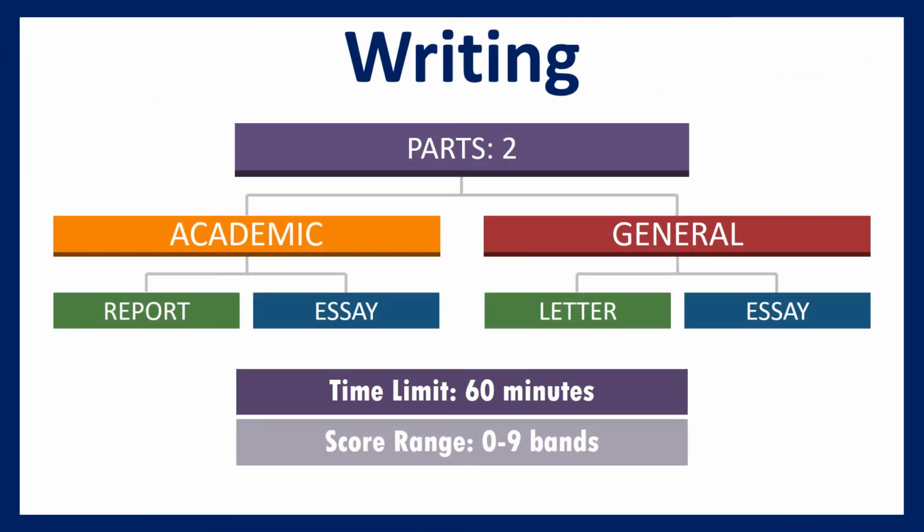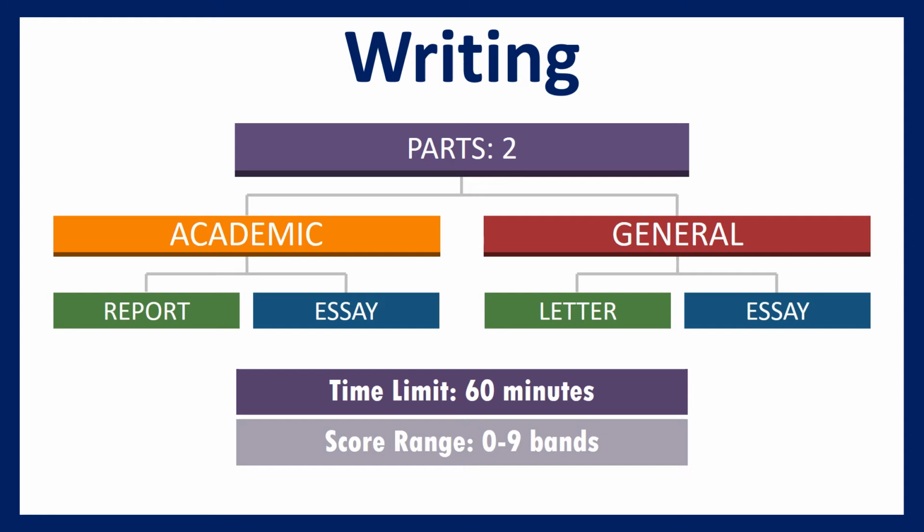Now comes the third module of the IELTS exam, which is the writing module. It is slightly different for the academic training and for the general training. So let us look at it in detail. The writing exam is divided into two tasks, task 1 and task 2.